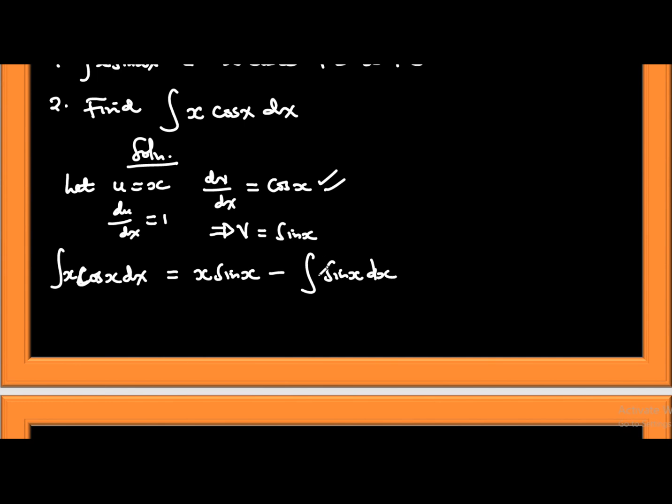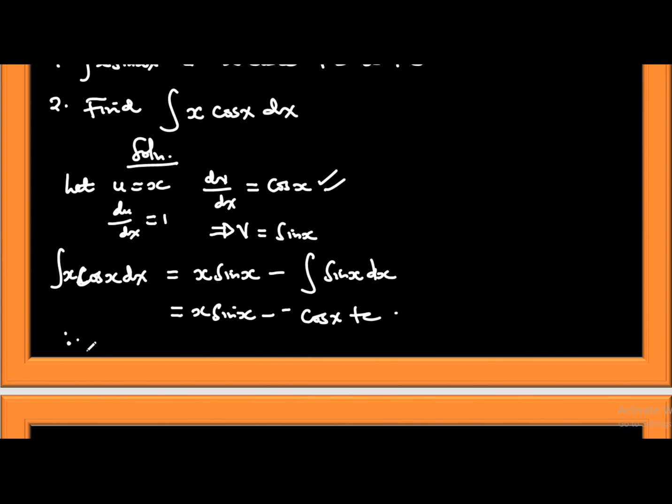Du dx is 1, so putting a 1 times sine x is as good as having sine x. So from there we shall have x sine x. When you integrate sine x, remember I told you, you get negative cos x. So a negative and a negative will definitely end up a positive, but then we can first have it as that plus our constant.